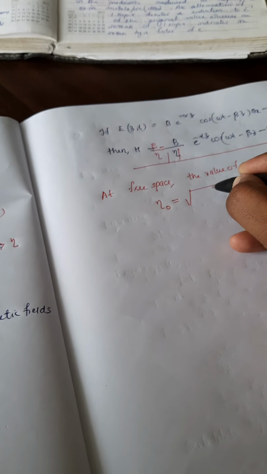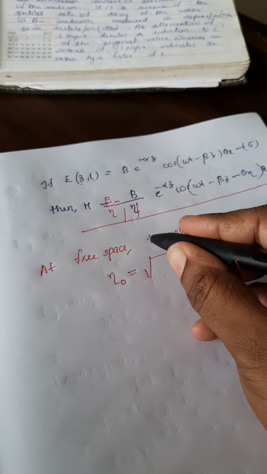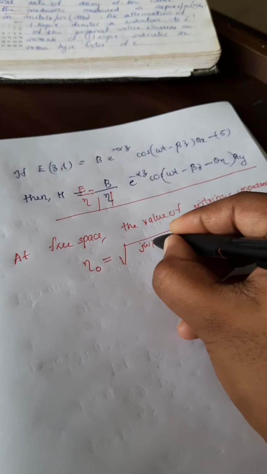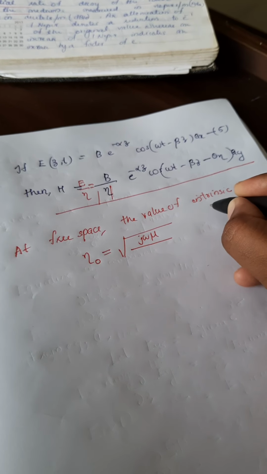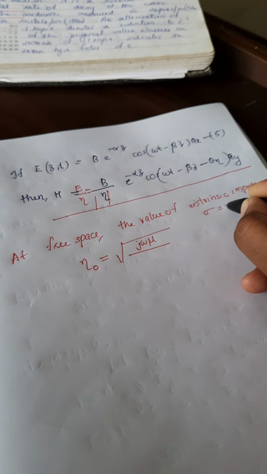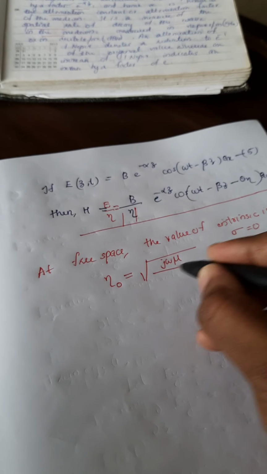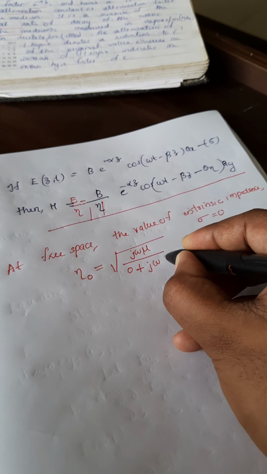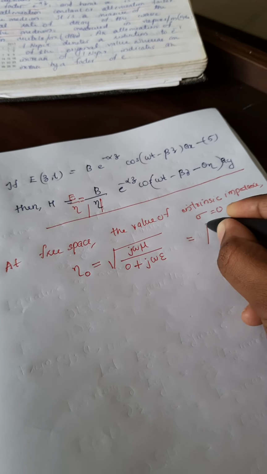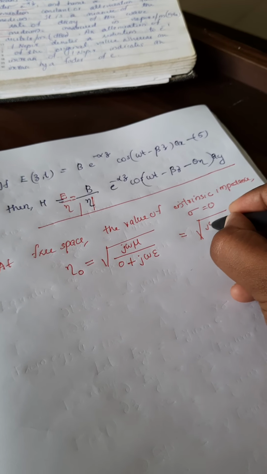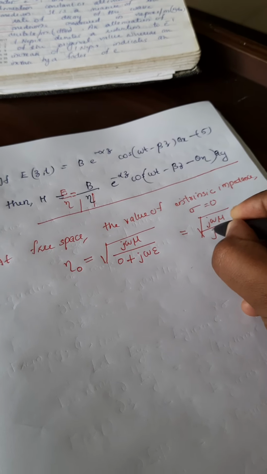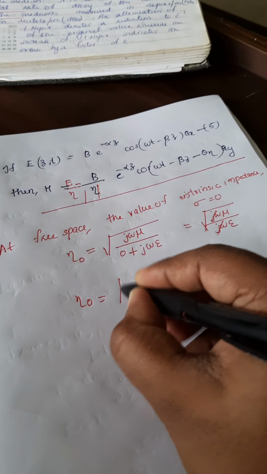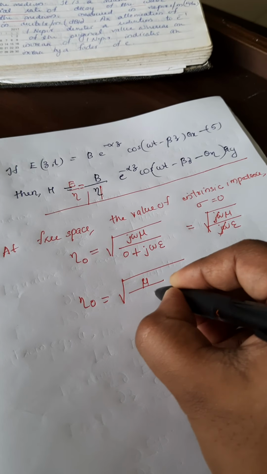At free space the conductivity sigma is 0. So j omega mu by sigma is 0 plus j omega epsilon, and this becomes j omega mu divided by j omega epsilon. The j omega cancel. So at free space eta 0 is equal to the square root of mu by epsilon.